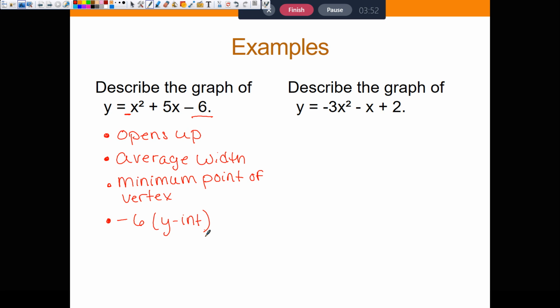Okay, let's take a look at this graph. So we have our A, our B, and our C. So our A is negative, so it opens down. The absolute value of A is greater than 1, so it is narrow.